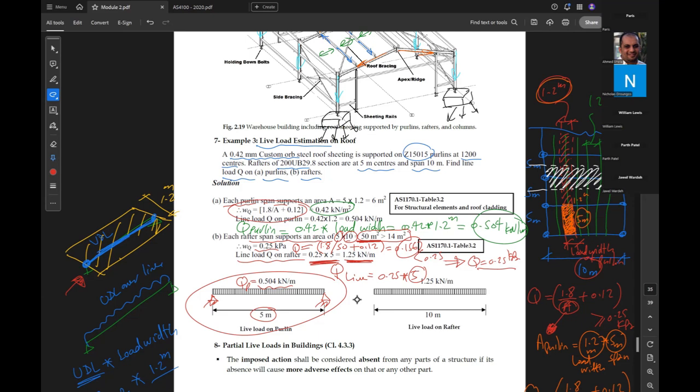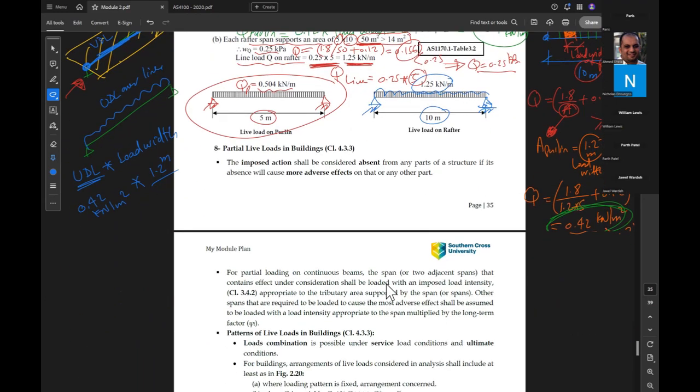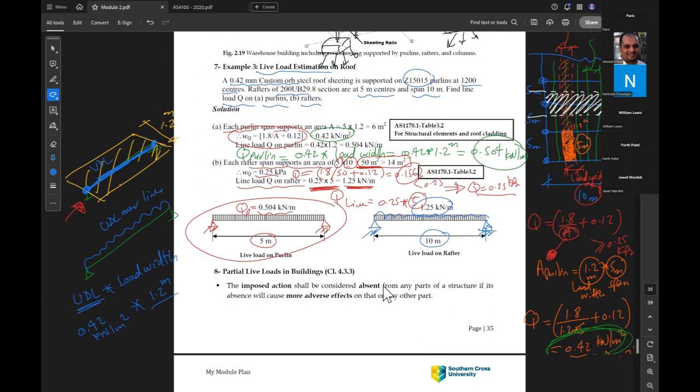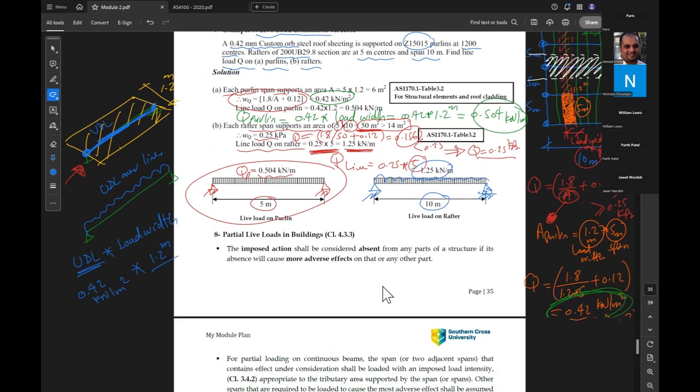Correct? So if we want to represent the rafter, how much is the rafter length or span? 10 meter. How much is the uniform load on the rafter? 1.25 kilonewton per meter. Okay. Are you okay with that?